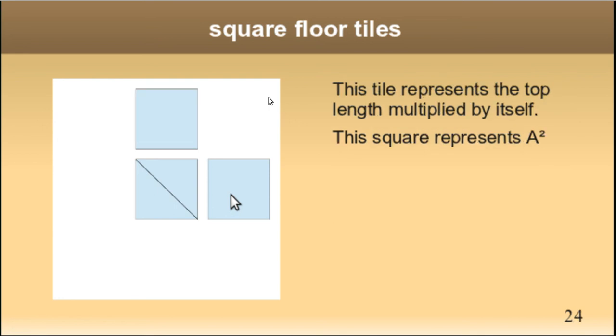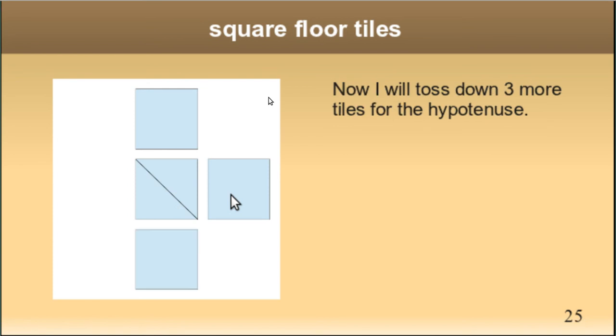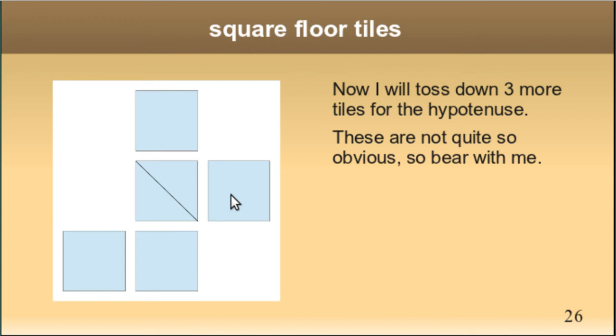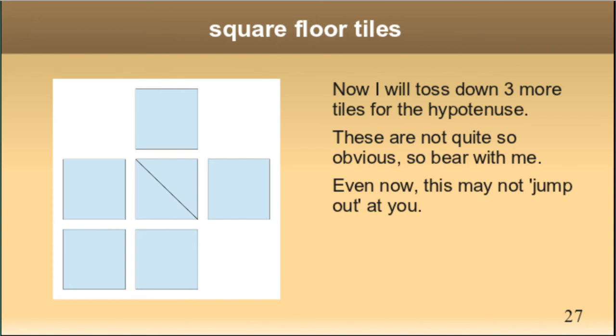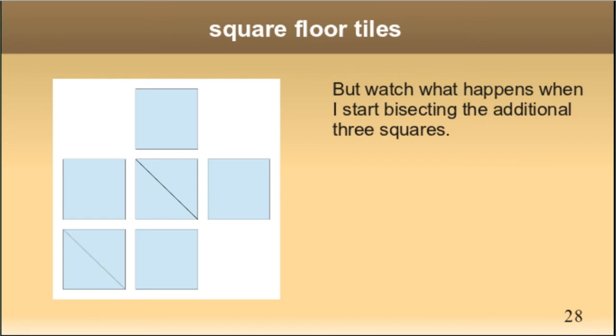Throw in another one. Okay. Let's start throwing down the other ones. And it's not quite so obvious. This may not jump out at you, but watch what happens when I start bisecting those tiles.